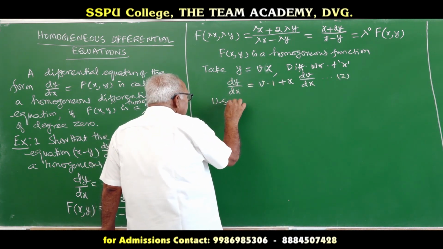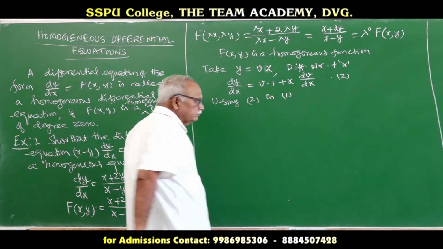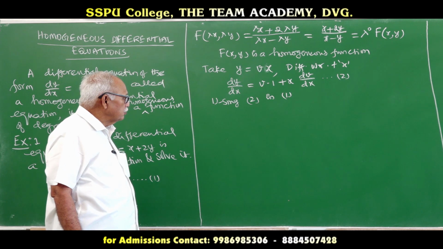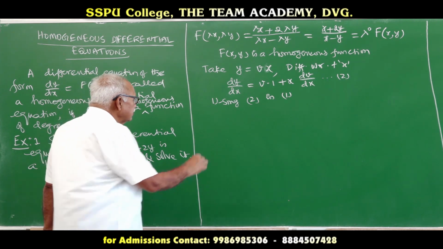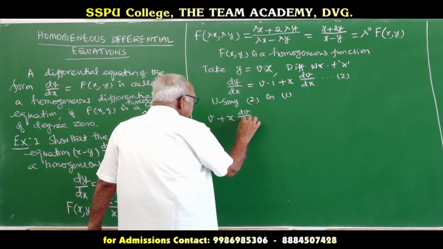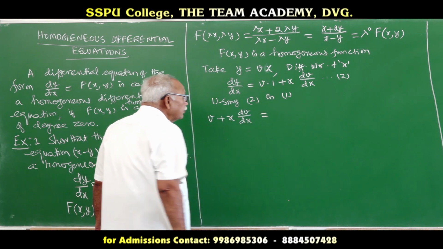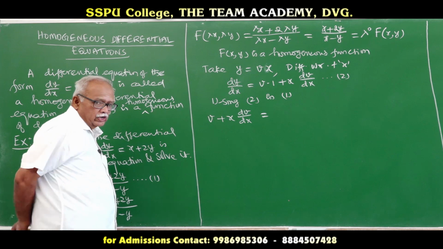Using 2 in 1, what is dy by dx here? v plus x into dv by dx is equal to, now we have to substitute for x plus 2y divided by x minus y.